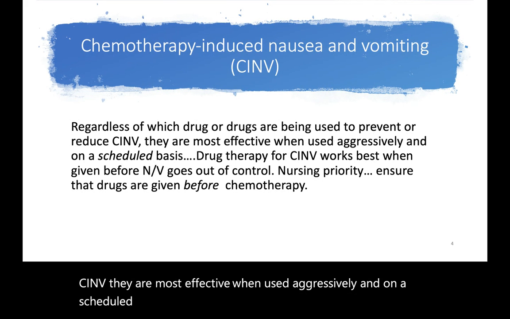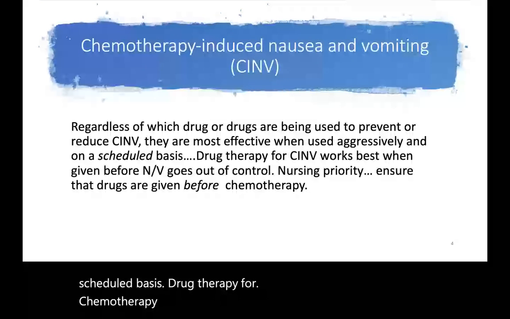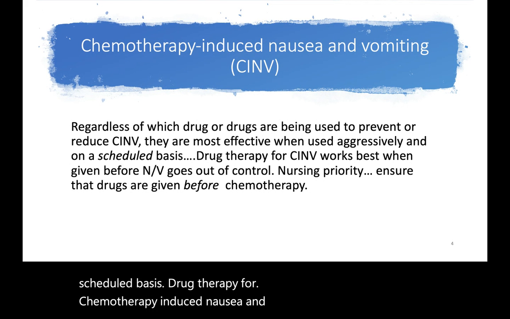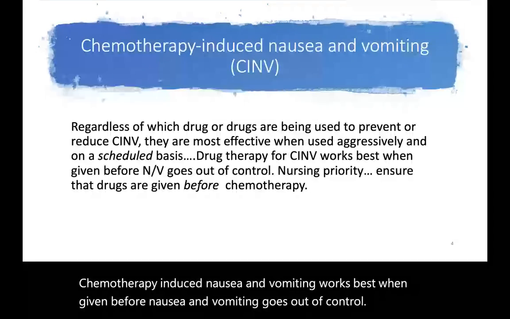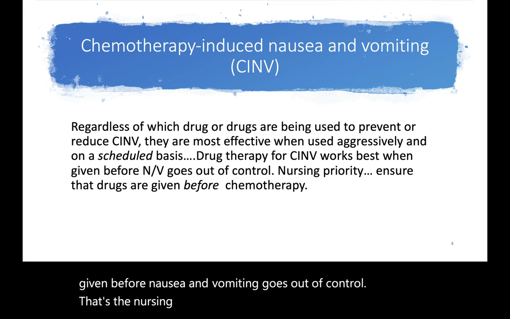Drug therapy for chemotherapy-induced nausea and vomiting works best when given before nausea and vomiting goes out of control. Thus, the nursing priority is to ensure that drugs are given before chemotherapy.